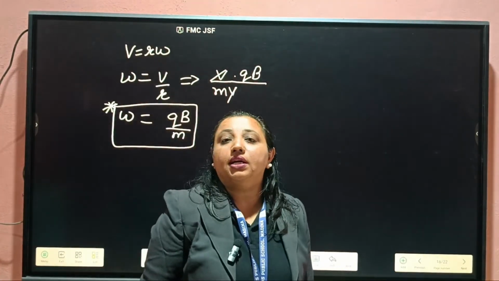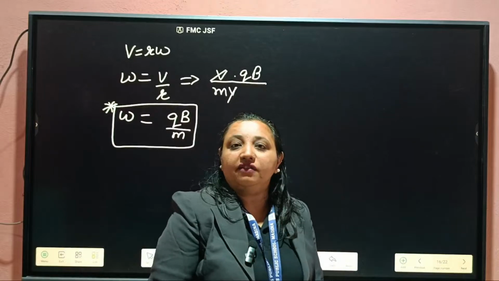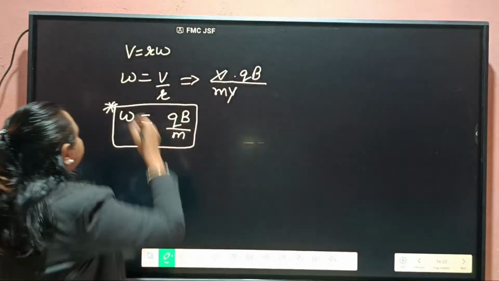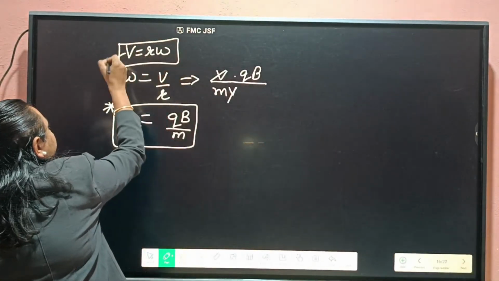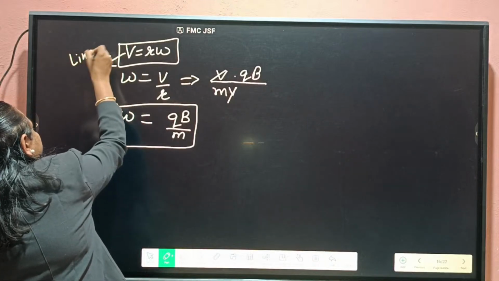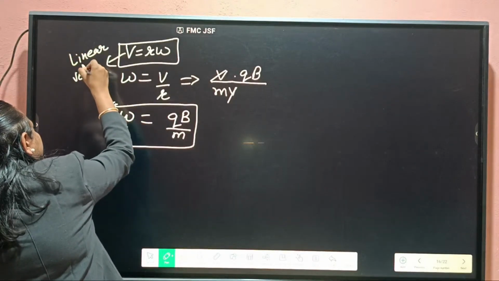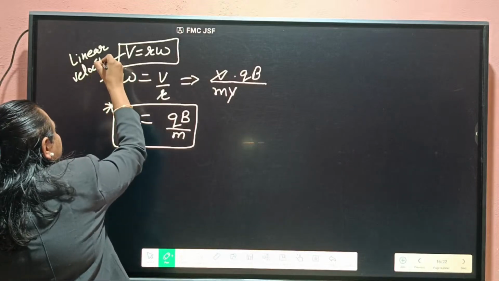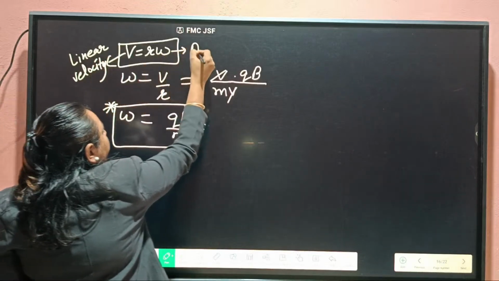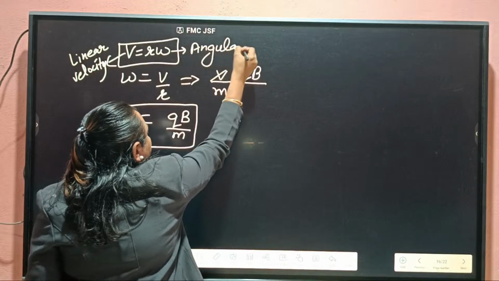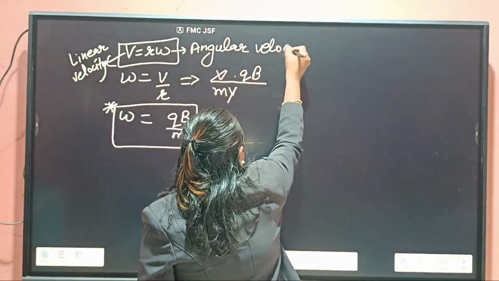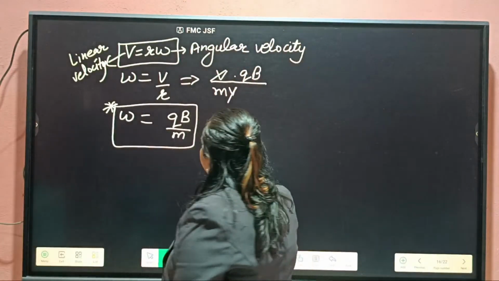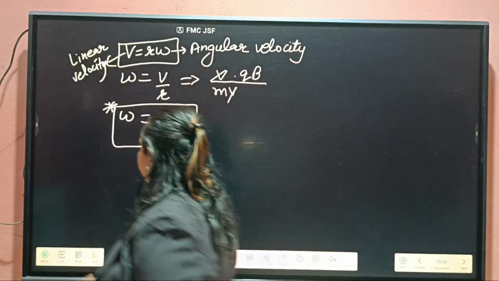V is equal to R omega is the relation between linear velocity and angular velocity. This is linear velocity, and this is angular velocity. Right? So we have the expression of omega.